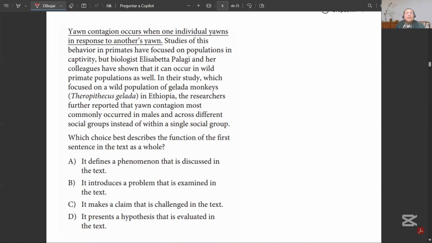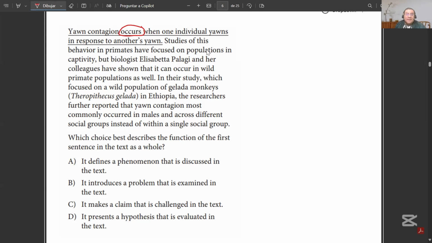But you can see that the key action verb in this statement says yawn contagion occurs when. So it's kind of defining what yawn contagion is or how it happens. If you take a look at the answer choices, focus on the action verbs that describe a specific function for the fragment.